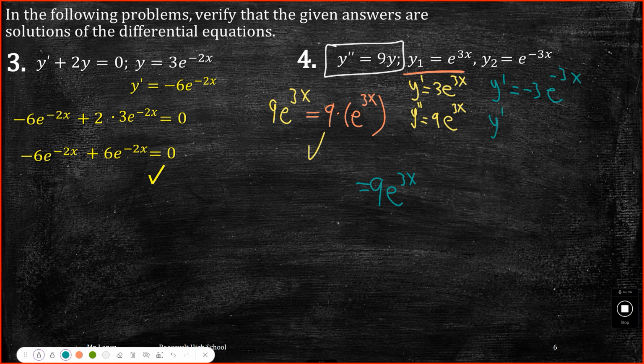And y double prime is what? Oh no, hold on a second. Is it true for this one over here? No, because it's negative 3x and 3x is not the same. So that's a no.